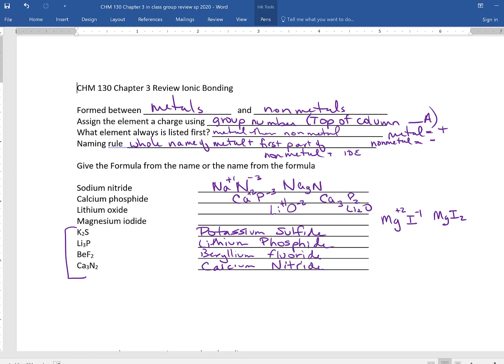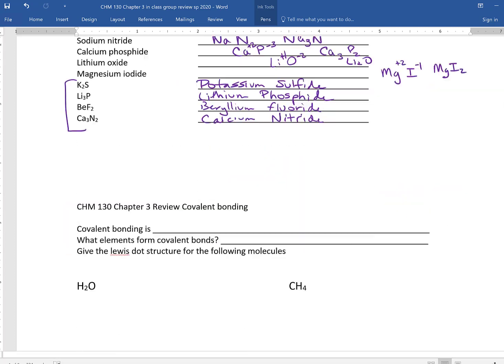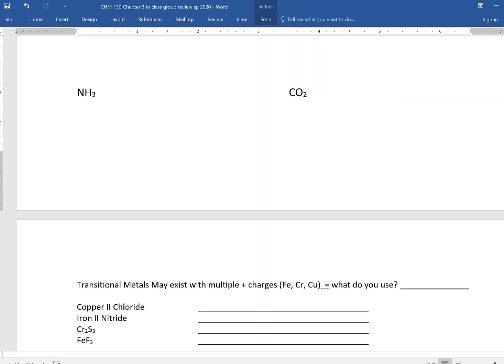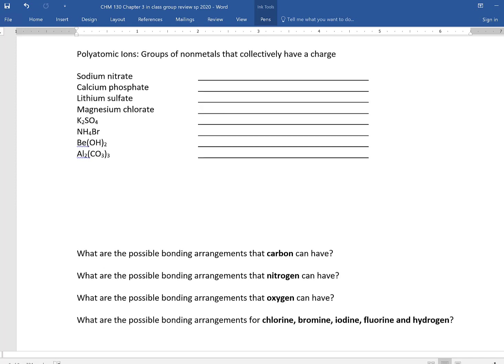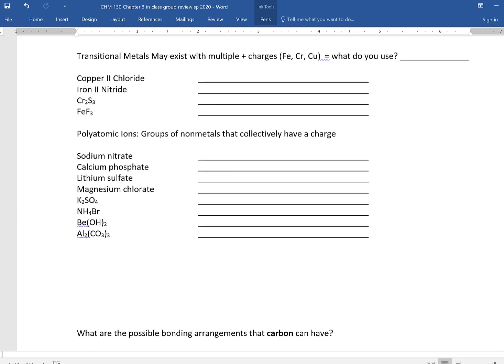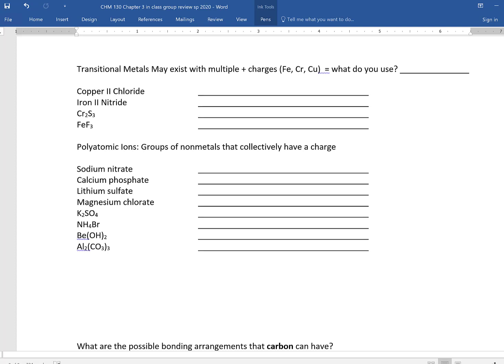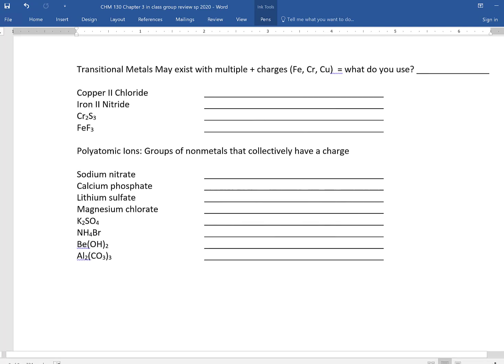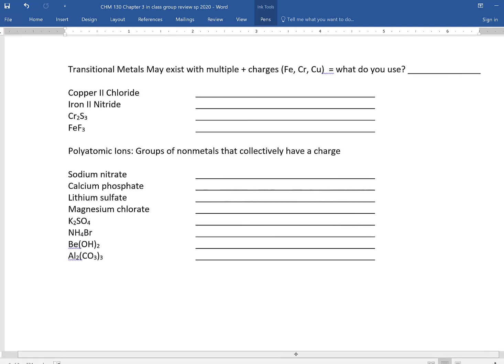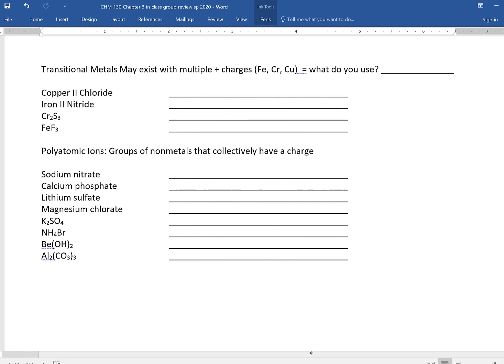So the other part that we went to is on the back side. Transition metals and polyatomics, these were the 2 exceptions to the rule.